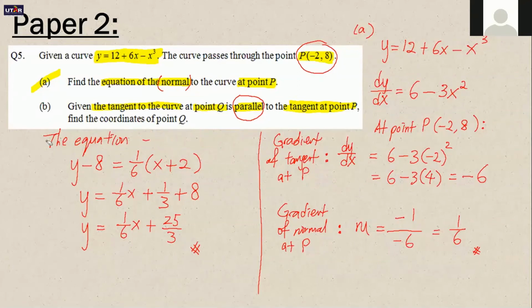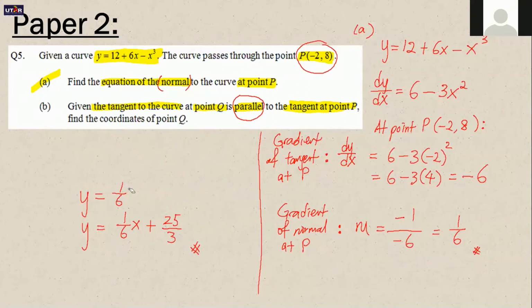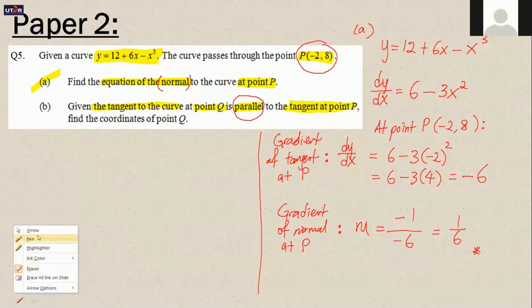Sorry, let me put some space for the part B. So the gradient at point P is the same as the gradient at point Q, right? So what we are going to do with that? What is the gradient at point P?